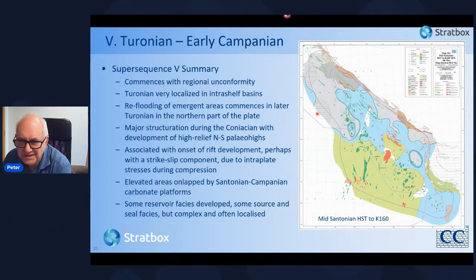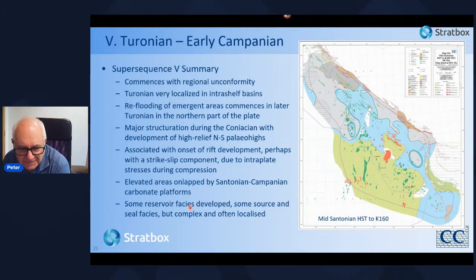So this is also the stage where we go from the southern margin of Neotethys being a passive margin to a convergent margin. And this palaeogeographic map shows the mid-Santonian highstand to the K160 flooding surface, where much of the elevated areas are onlapped by these very large carbonate platforms.